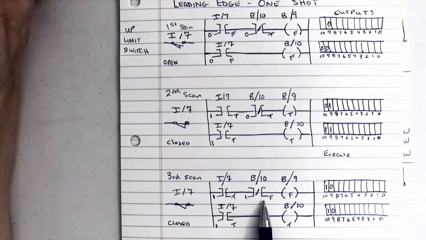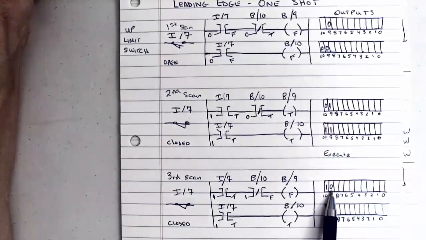So right here, we're getting a true coming back from that, which would go high, which would then make this false, and would make our B9 go low. So over here in the output register, we end up with a low, and the limit switch is still closed, so this one is high, that's true, and B10 would stay high.